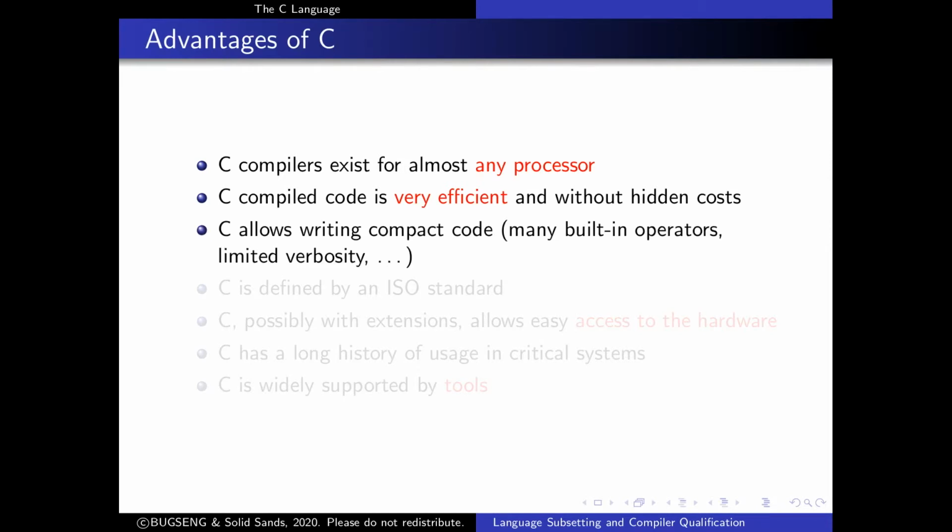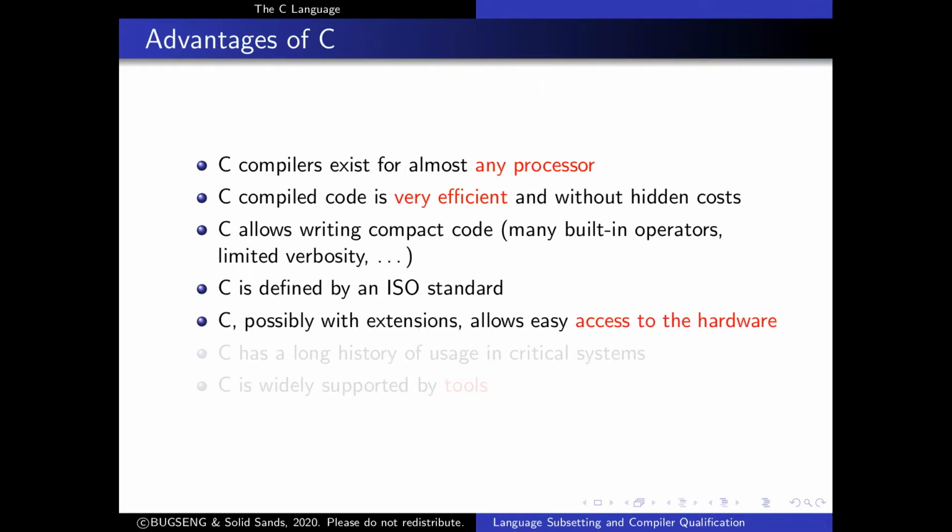C allows writing compact code without too much verbosity. It is defined by an ISO standard, and in C it is quite easy to access the hardware, which is essential in embedded programming and system programming. And C has a long history of usage, including in critical systems, and C is widely supported by tools.